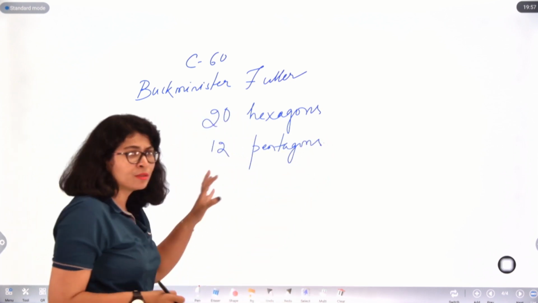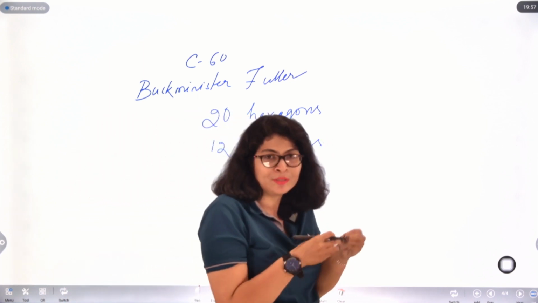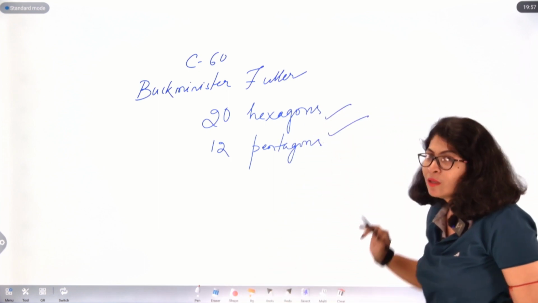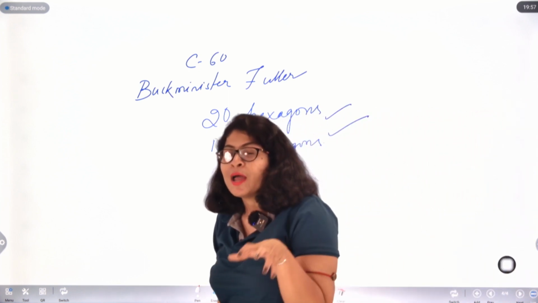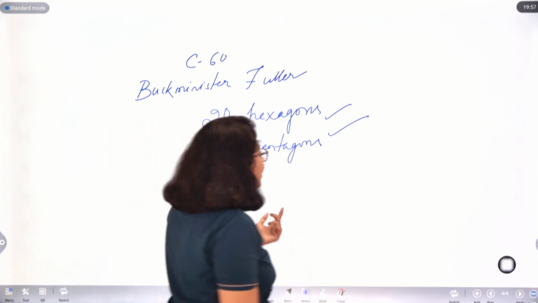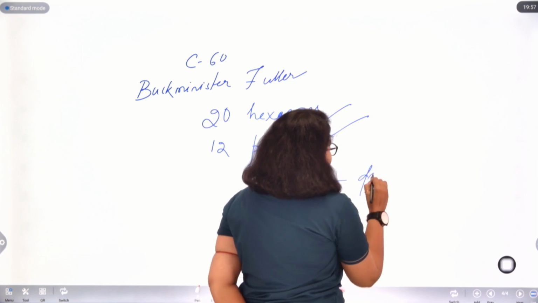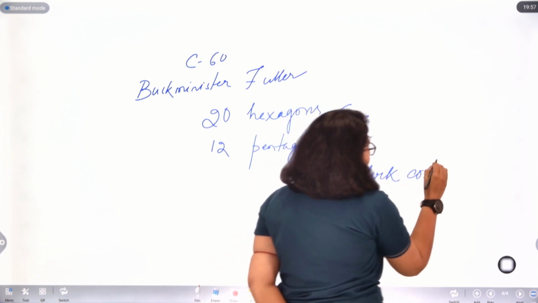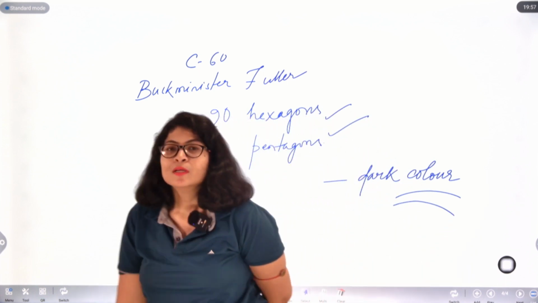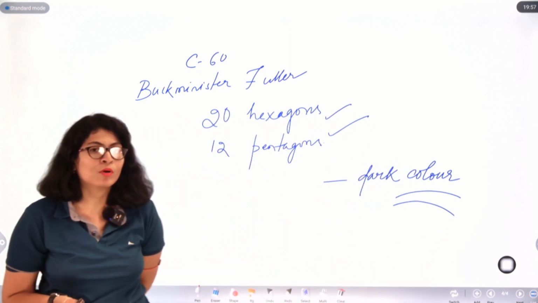The structure is complex, though it is a tiny structure. It is made up of 20 hexagons and 12 pentagons. It is a carbon-60 compound in the shape of a football, and it is also a very dark colored compound. As it is a newly discovered compound, very little is known about its properties.